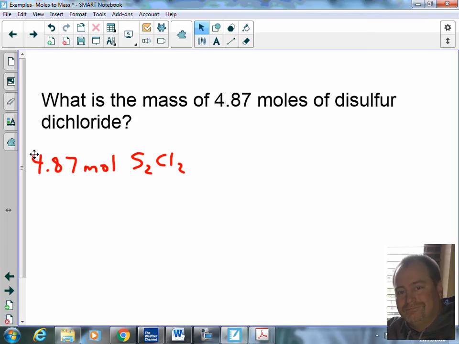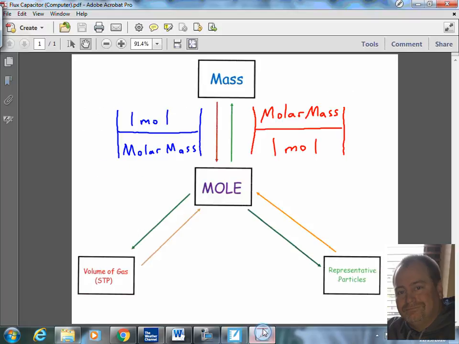Now, in order to do this, where am I at? Where am I starting on my flux capacitor? Moles, and I want to go to what? Mass. So I am right here at moles. I want to go to mass, so I'm using the molar mass over 1 mole.